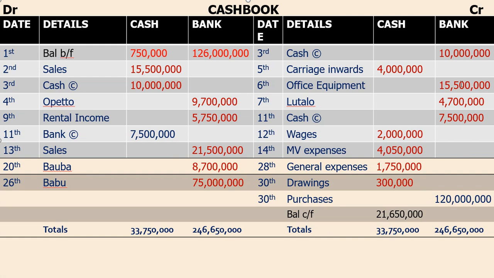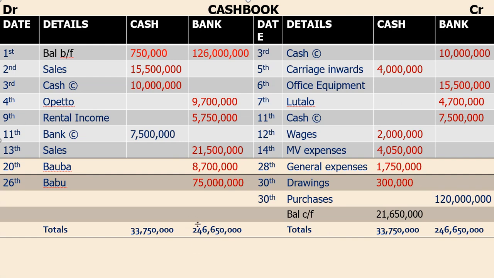Now, the credit side of the bank column has 10 millions. Then we add back 15 millions, 500,000. Add back 4,700. We add back 7,500. And add back 120 millions. We are having 157,700,000.